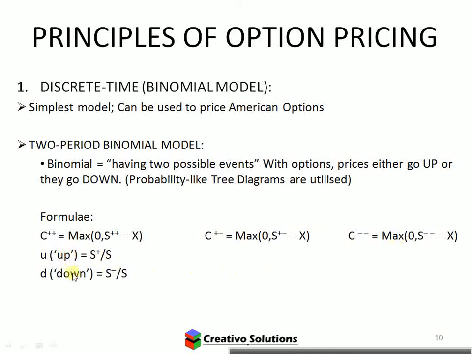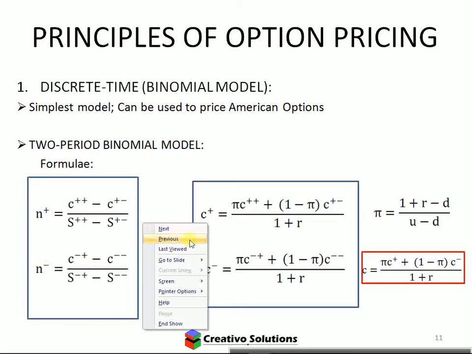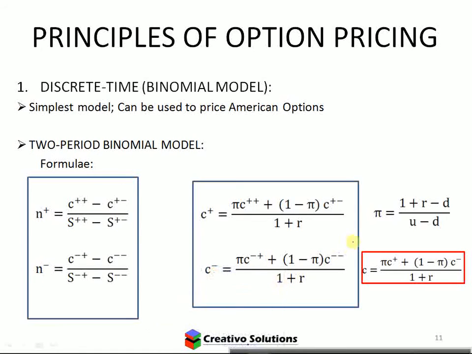That's how you would work it out. We first need the up and down again. Then you've got all these fancy equations, very similar to what we had before, but now you've got two because it's n plus and n minus. The n can go up, the n can go down. It's binomial, so you'll have two of these workings. And this is what I need, the call price.